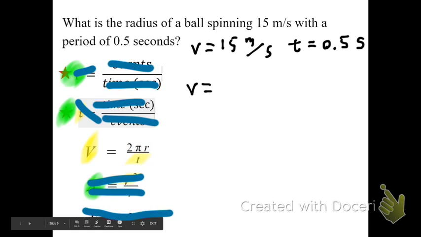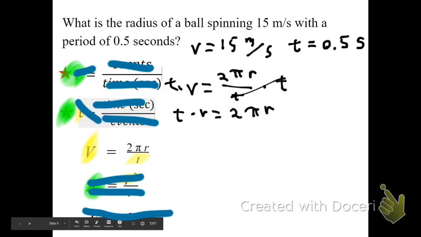So we're going to take V equals 2 pi r over t. We want r by itself, so we need to multiply both sides by t. So those will cancel. So we have t times V equals 2 pi r.